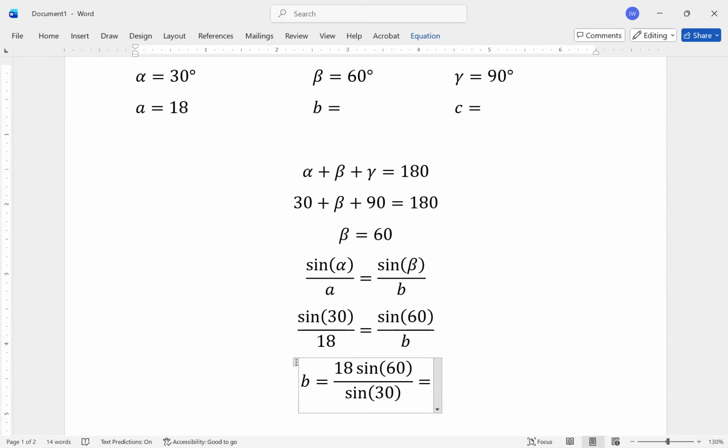By the way, we actually know the sine of 60 and the sine of 30 degrees because we've examined the unit circle. If you haven't examined the unit circle, not a big deal here. But sine of 60 is root 3 over 2. Sine of 30 is 1/2. So when you do the calculations, you actually get 18 times the square root of 3 as your value of b. If you wanted an approximate value rounded to a couple of decimal places, it's about 31.18.